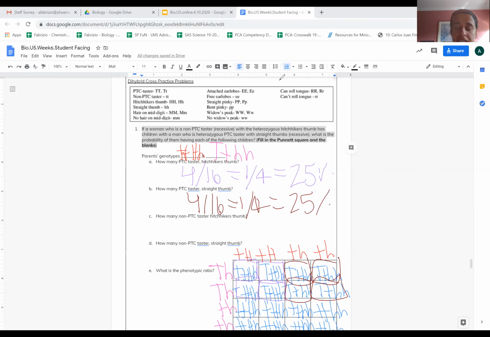And then how many non-PTC tasters and hitchhiker thumbs do we have? So we have 1, 2, 3, 4. Great. So we again have 4 out of 16, which is equal to 1/4, which is equal to 25%.